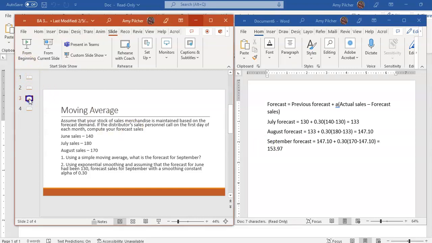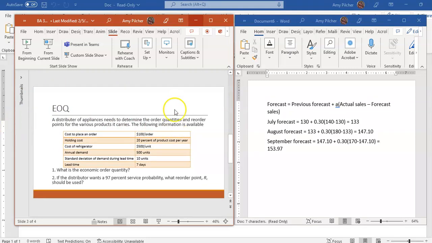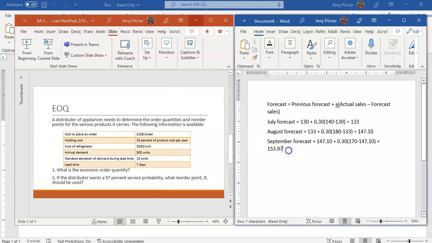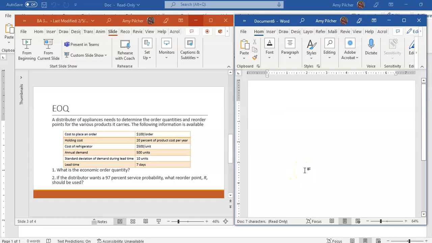Okay, the next example that we're going to look at is economic order quantity. Okay, and so we're going to calculate the economic order quantity. So our quantity equals the square root of 2 times the annual demand times the order cost.